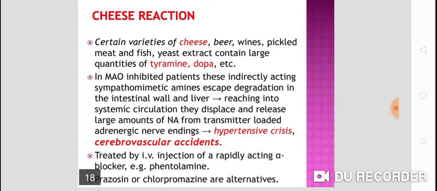So how will you treat this condition? You can treat by giving an intravenous injection of a rapidly acting alpha blocker, phenoxybenzamine, phentolamine, the selective alpha 1 blocker prazosin, or you can also give chlorpromazine, which is a typical antipsychotic.